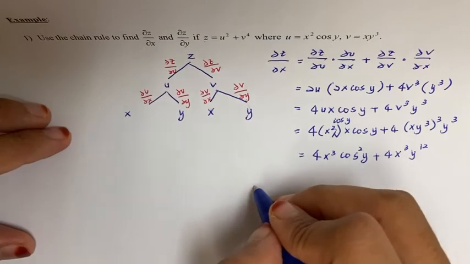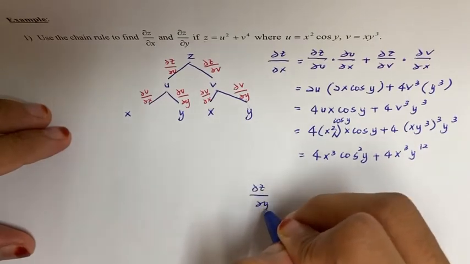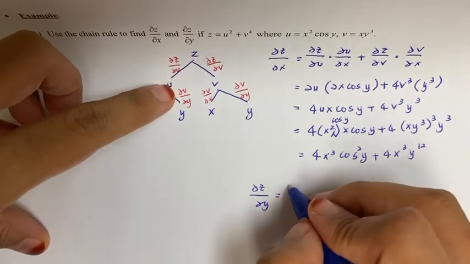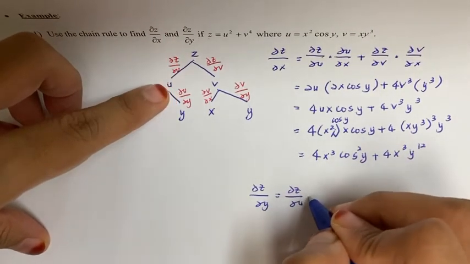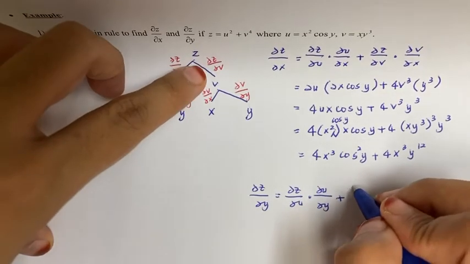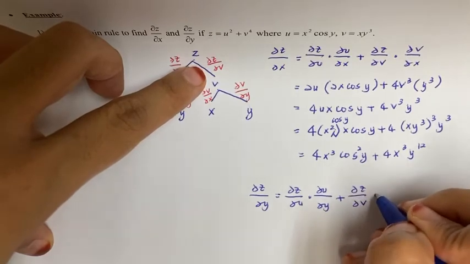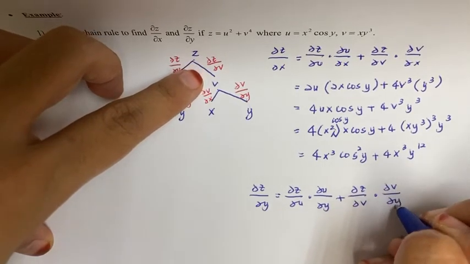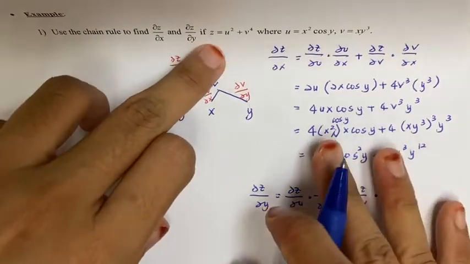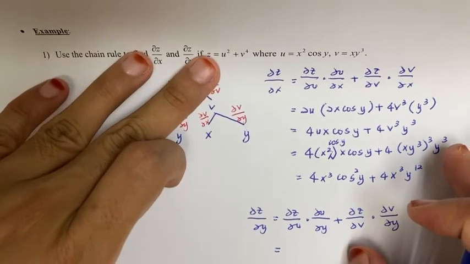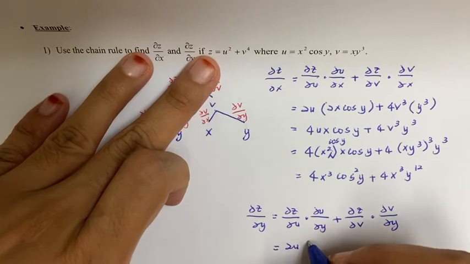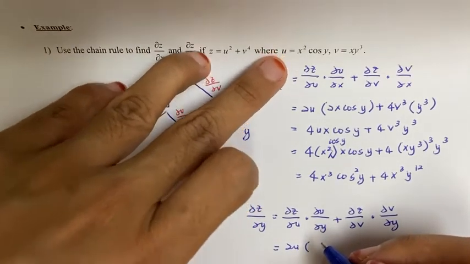Continue with finding del z over del y. This is equal to del z over del u multiplied by del u over del y plus del z over del v multiplied by del v over del y. Again, differentiate z with respect to u, so you have 2u multiplied by differentiate u with respect to y.